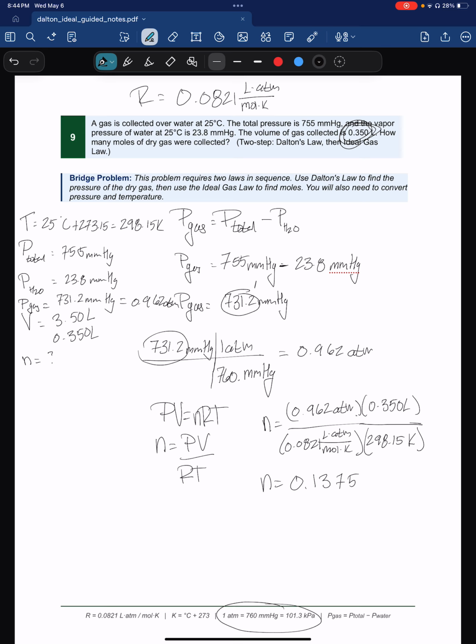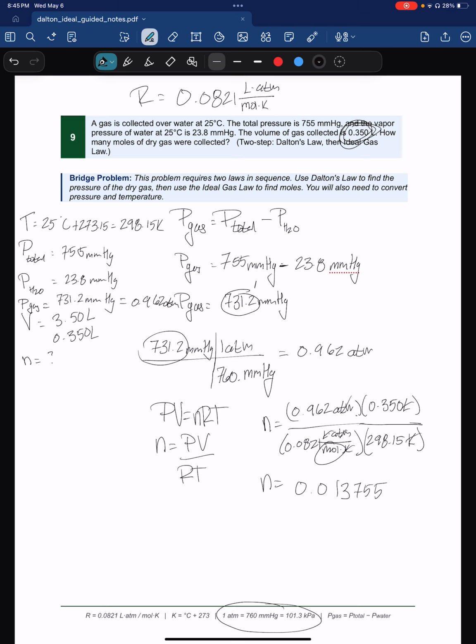So that means this is really 0.013755. Atmospheres cancel atmospheres, liters with liters, Kelvin with Kelvin.